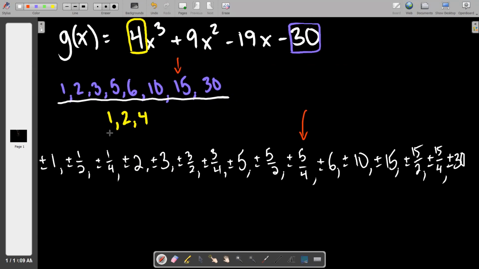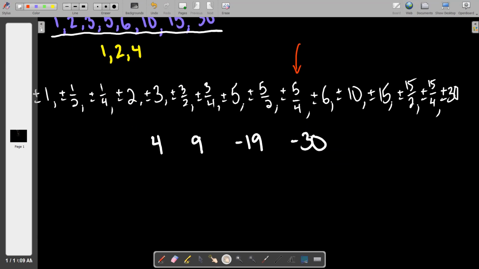So let's get our numbers lined up for synthetic division. We have 4, 9, negative 19, negative 30, and we're going to do our upside down division thingy. And the winner is negative 5/4, and I know that because I wrote the problem.